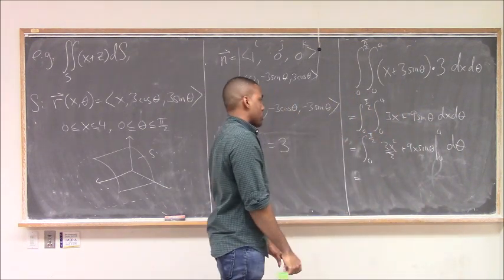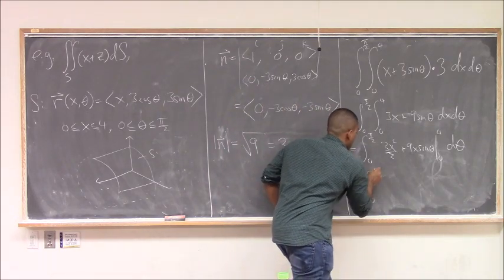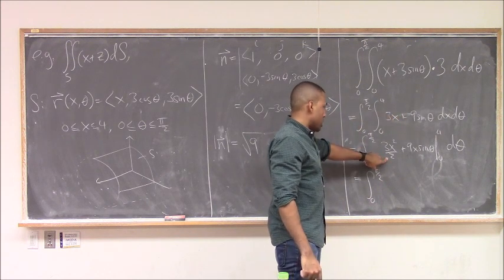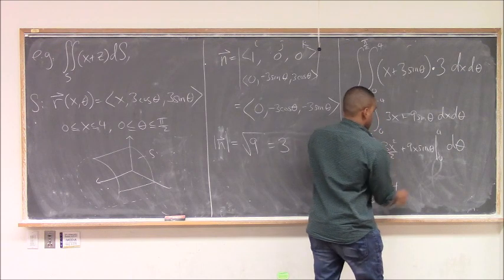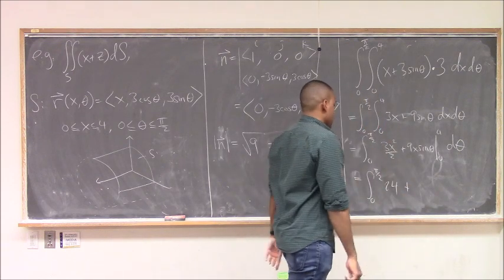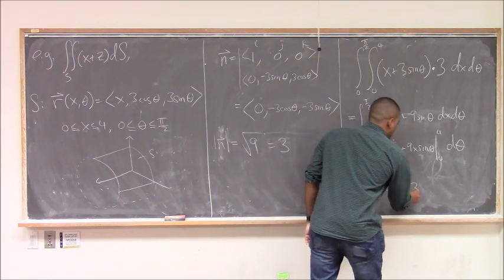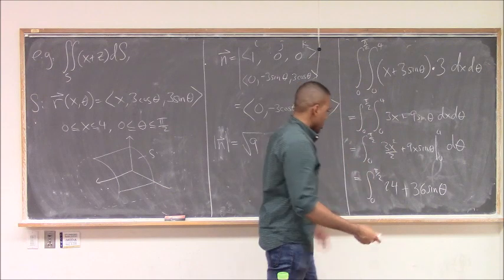Plug in x equals 4, what do we get? 4 squared is 16, divided by 2 is 8, 3 times 8 is 24, plus 9 times 4, 36 sine theta. If I plug in x equals 0, everything dies, so that's it.